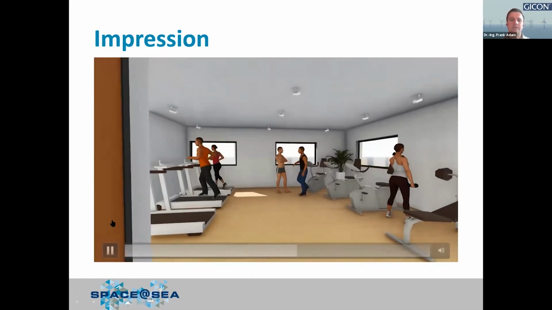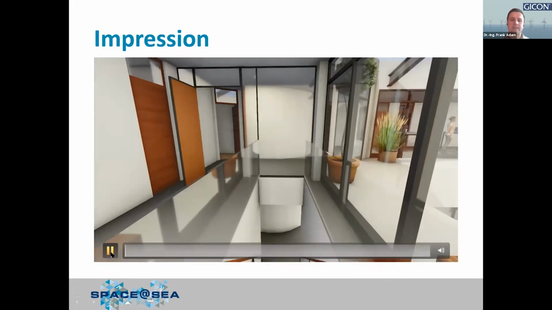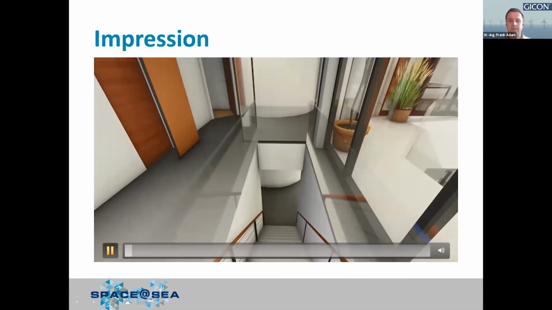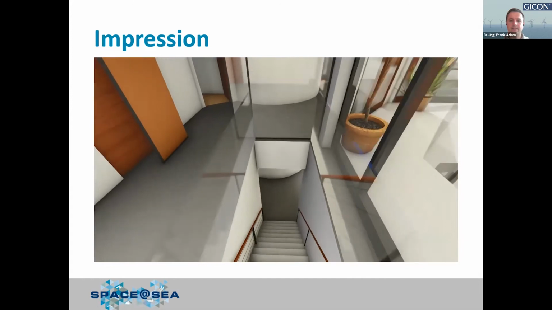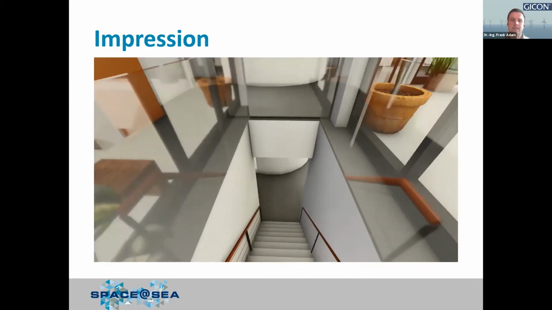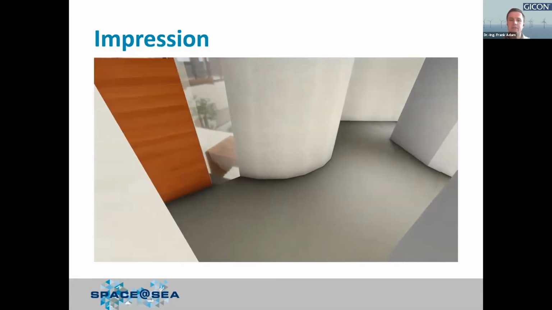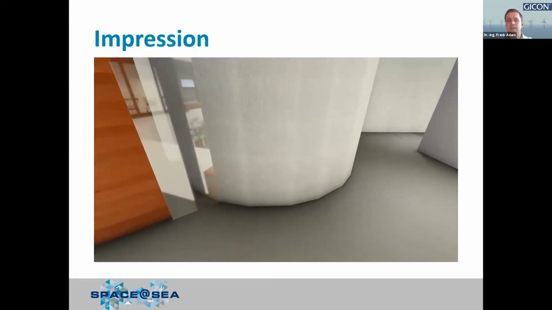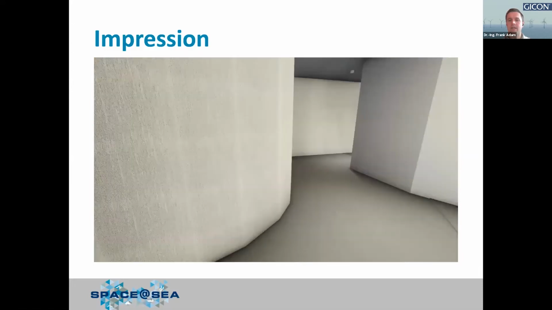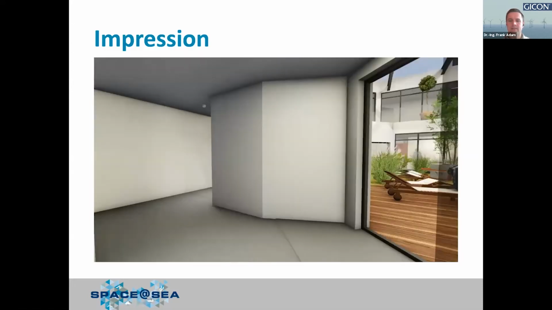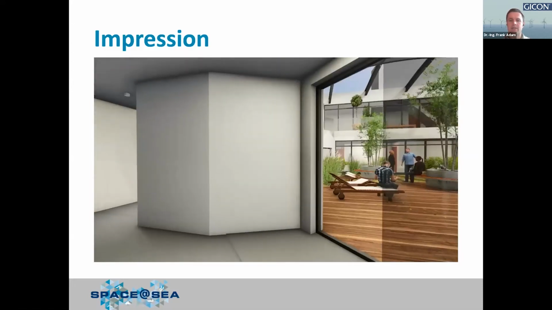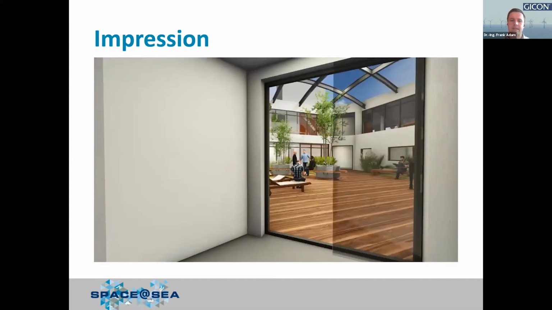And the third impression is you're going downstairs to the first floor, and you have a nice view into the, let's say, green garden as part of this operation and maintenance hub.